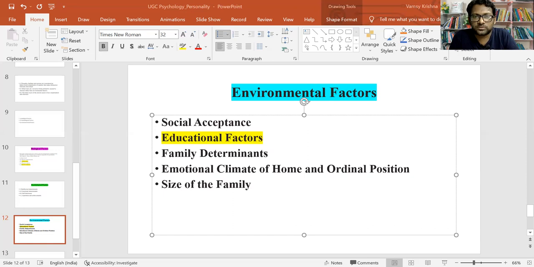So this is about size of the family. In this part we have discussed social acceptance and educational factors. Within educational factors we talked about teachers, peers, and how they shape the personality of an individual.